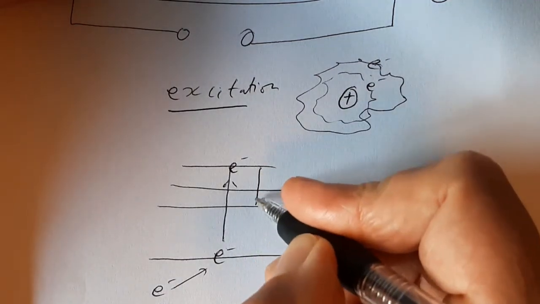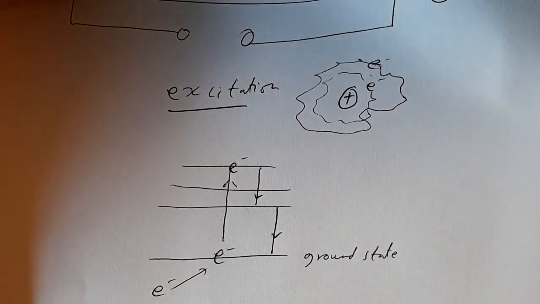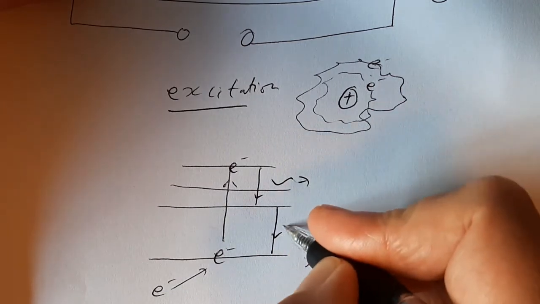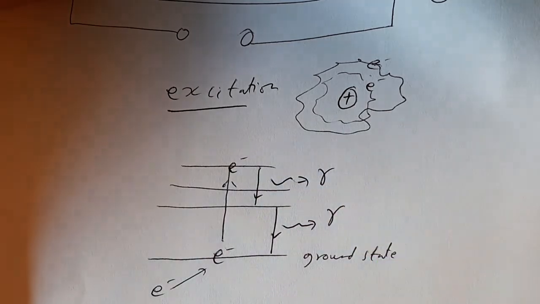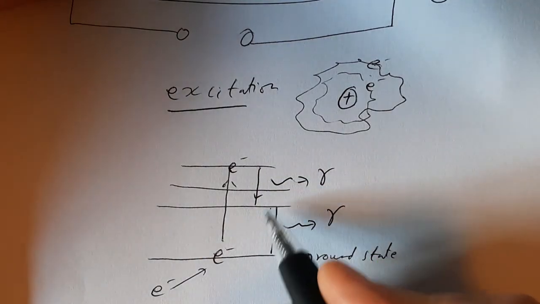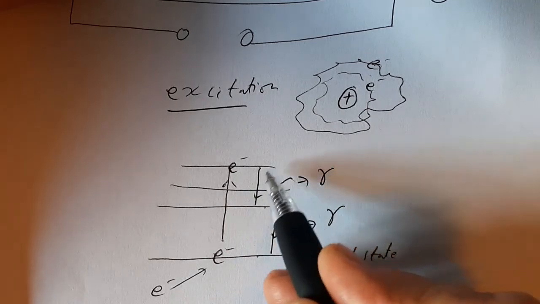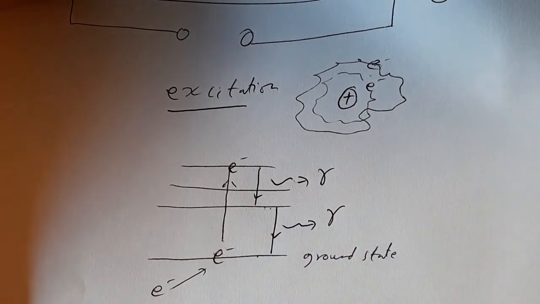And it does so by jumping between energy levels. And as it jumps down, it has to give out energy. And it gives that energy out in the form of a photon. And because these are discrete or quantized, fixed energy levels, the energies of the photons given out as the electrons move between the energy levels are also fixed.